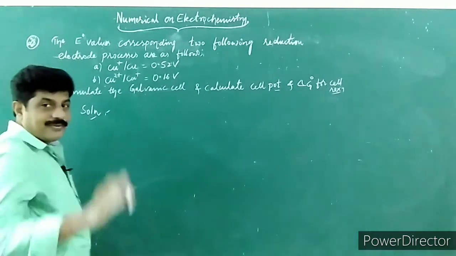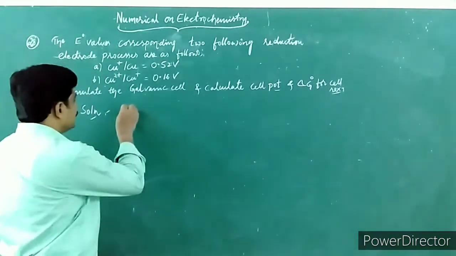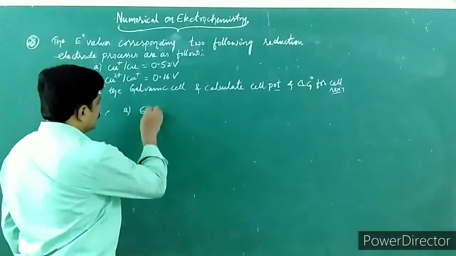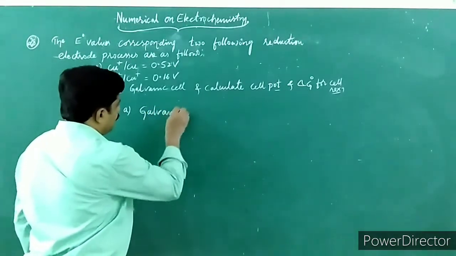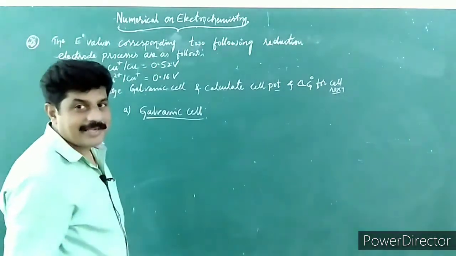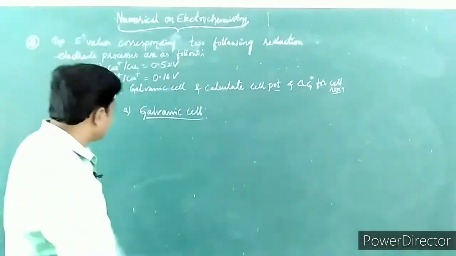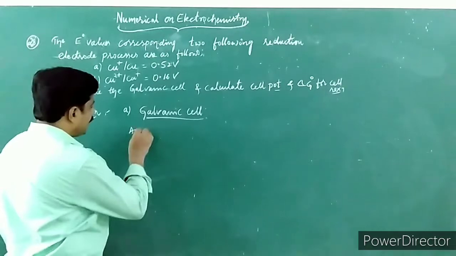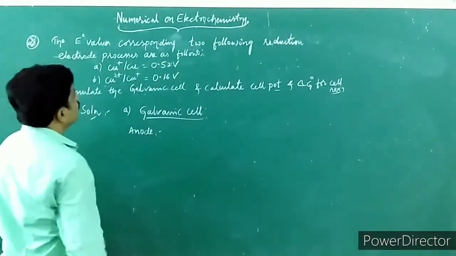First, I need to formulate the galvanic cell. Children, for formulating the galvanic cell, you should know the anodic and cathodic reactions, is it not? Let me write the anode reaction first. Look here.